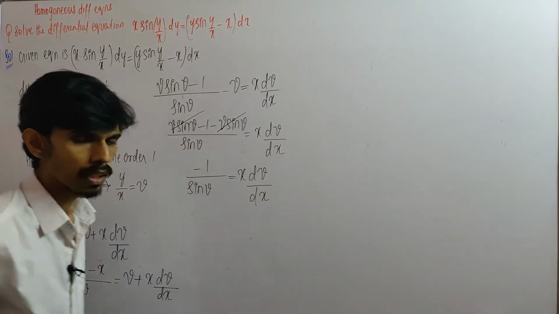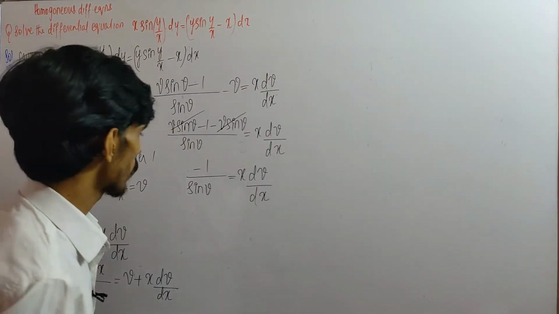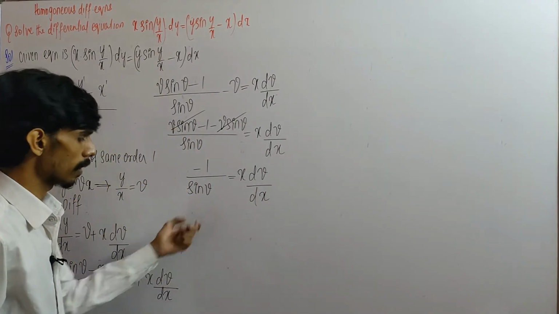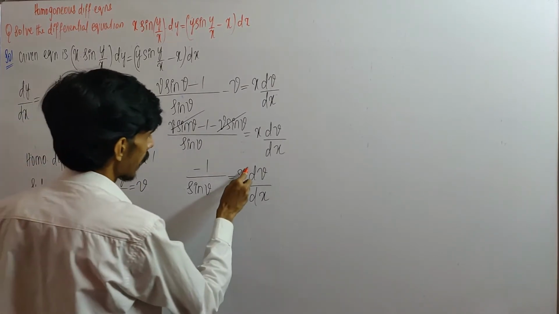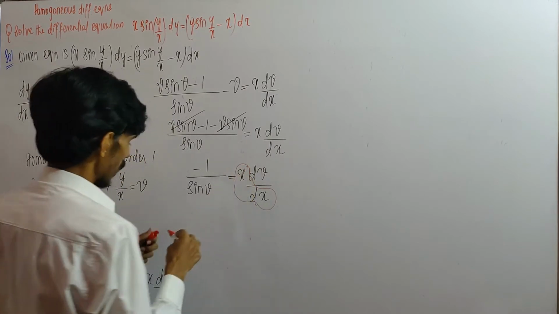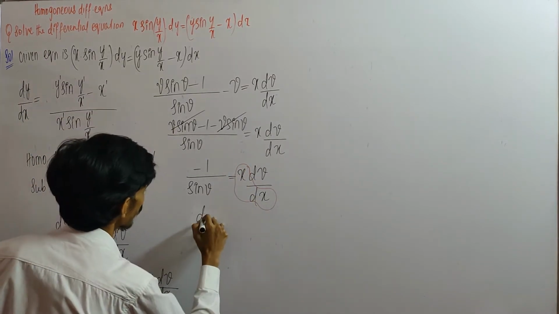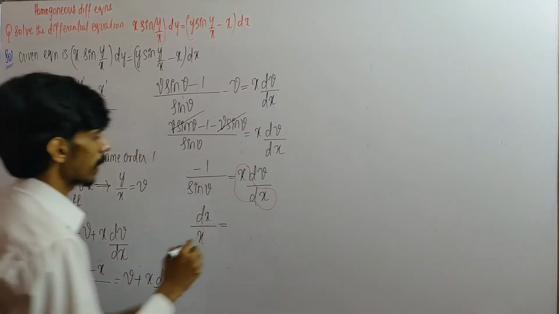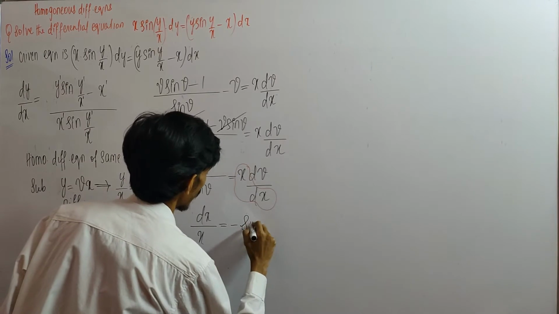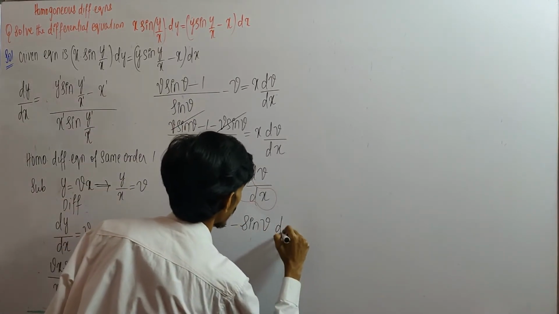We have two variables, one is v, other is x. Now convert to variable separable form. Take v terms one side and x terms one side. Take this x by dx here. This will become dx by x equal to minus sin v dv.